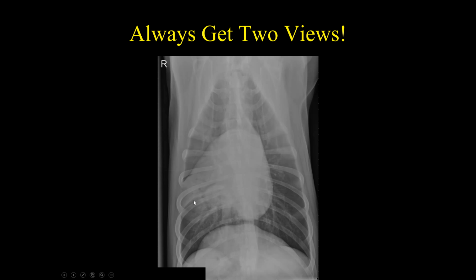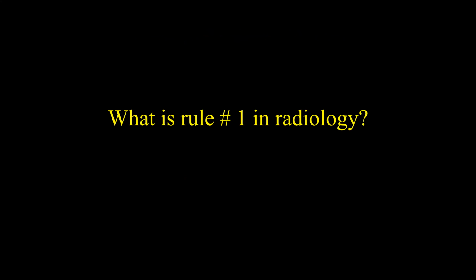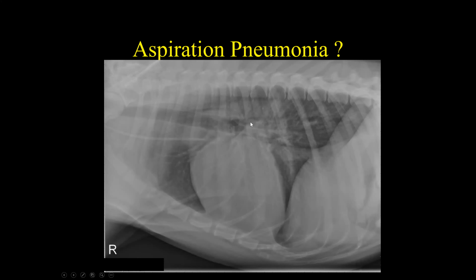Well, what lung lobe lives right there on the right side? This is the right cranial lung lobe. This is the right caudal lung lobe. So that must be the right middle lung lobe. Okay, the right middle lung lobe in a dog is by far the most common area to get aspiration pneumonia. And the reason being is, if you go back to this view here, think what aspiration pneumonia is.